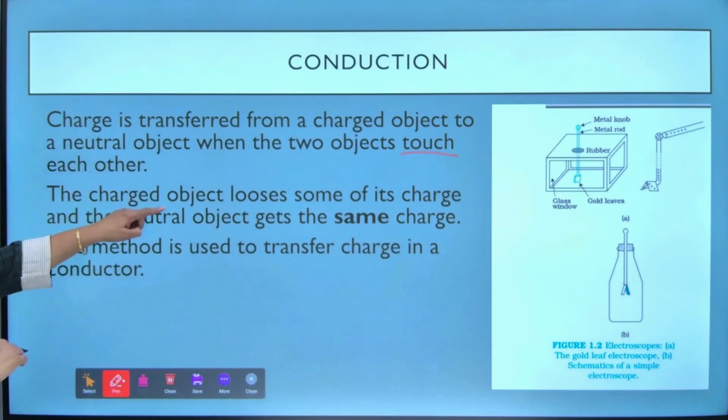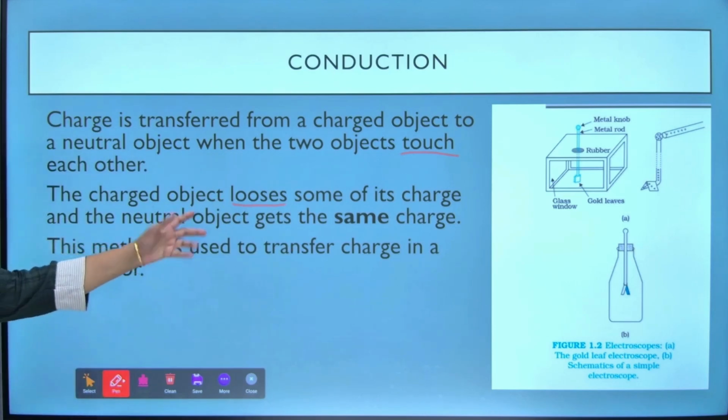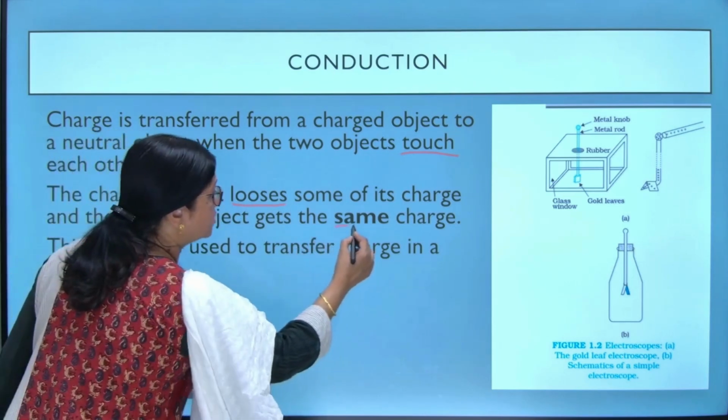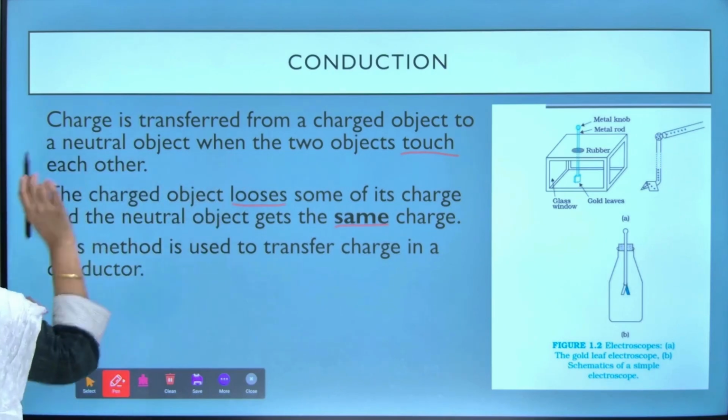The charged object loses some of its charges and the neutral object gets the same charge. This word same is important. I'll come to that with the diagram.